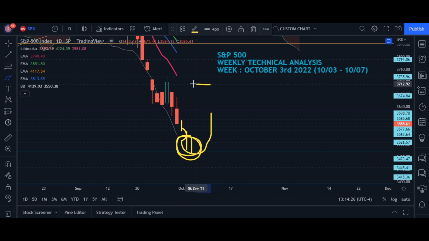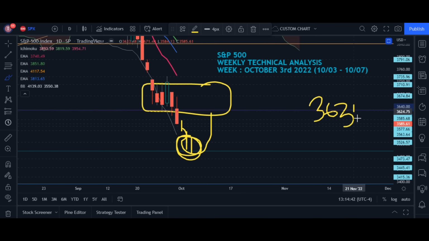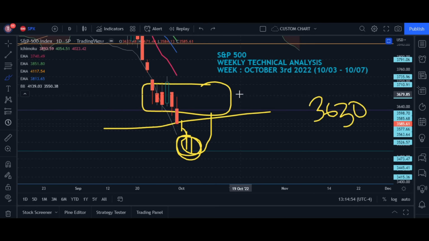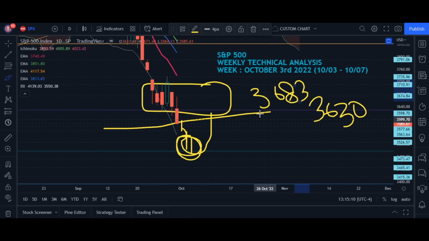Now the reversal to what level? Reversal to this particular zone. I told you earlier, this particular zone, and the lower band of the zone is 3630. Also, do not forget that we have the 200 week EMA at 3683.